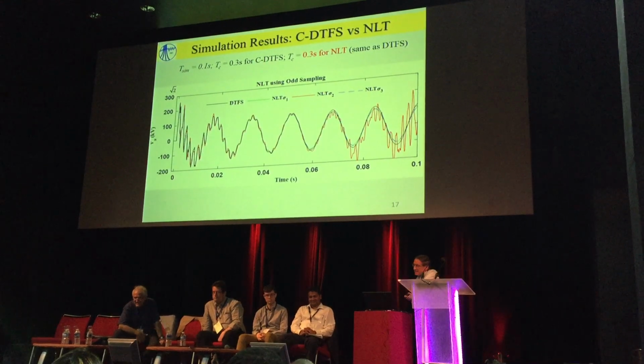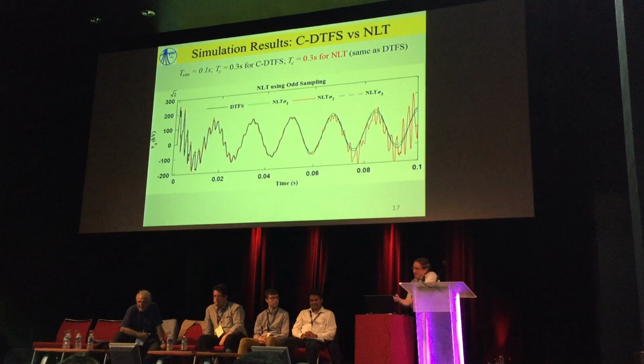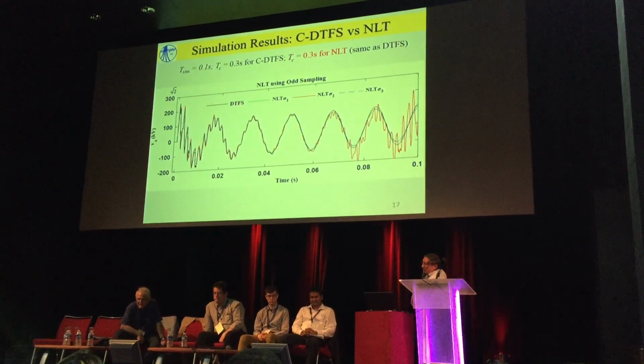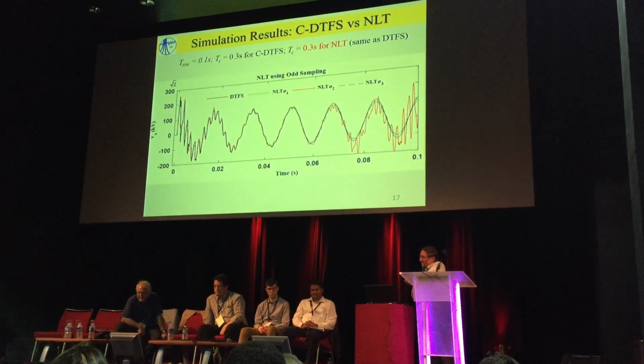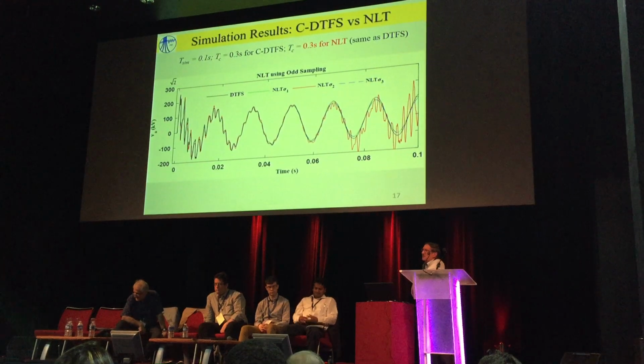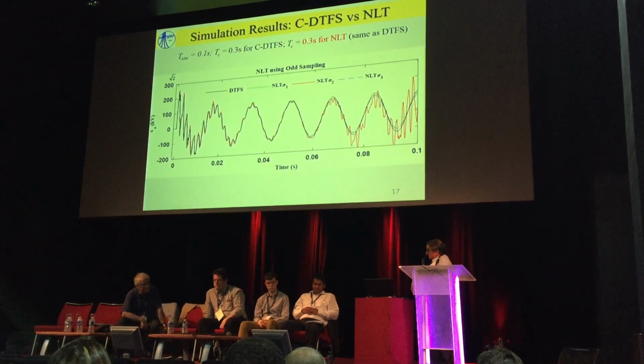In this example, for the same Tmax, we made the time window of the Laplace transform 3 times the Tmax, which is the same time window we use for the discrete Fourier transform. You can see there is a bit of an improvement in the results.